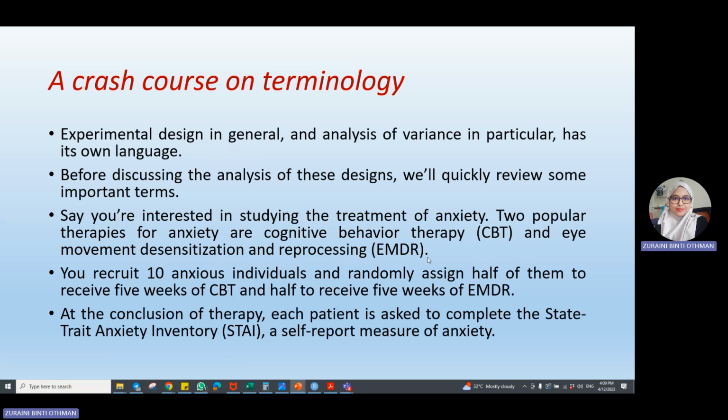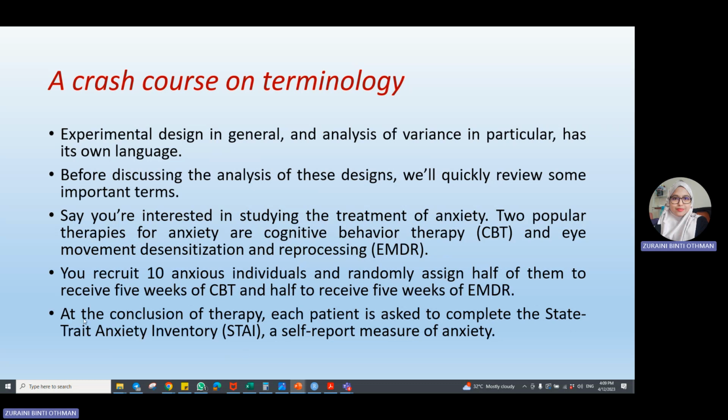These are two different therapies, and you recruit 10 anxious individuals and randomly assign half of them to receive 5 weeks of CBT and half of them to receive 5 weeks of EMDR. So from 10 samples we divide into 5 who receive CBT and another 5 who receive EMDR.